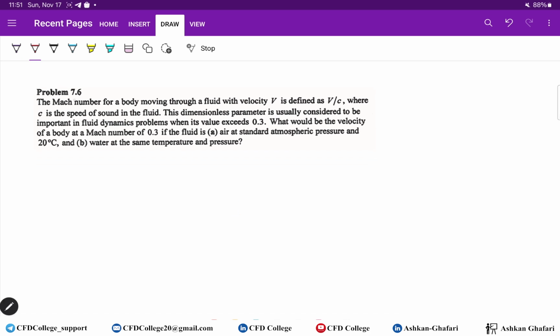The next problem, number 6: the Mach number for a body moving through a fluid with a velocity v is defined as v over c.